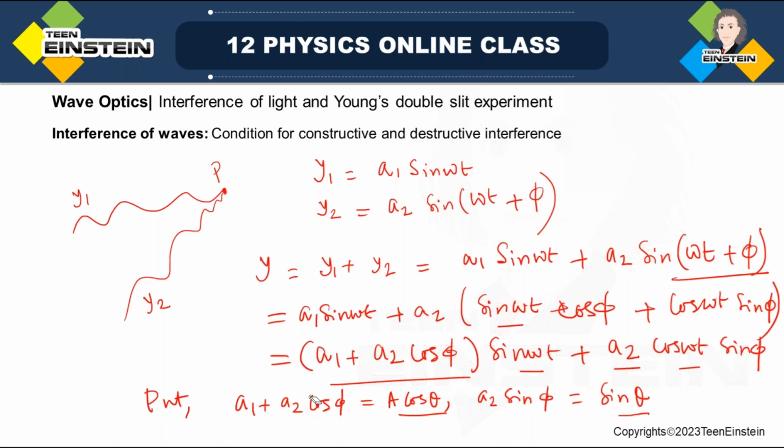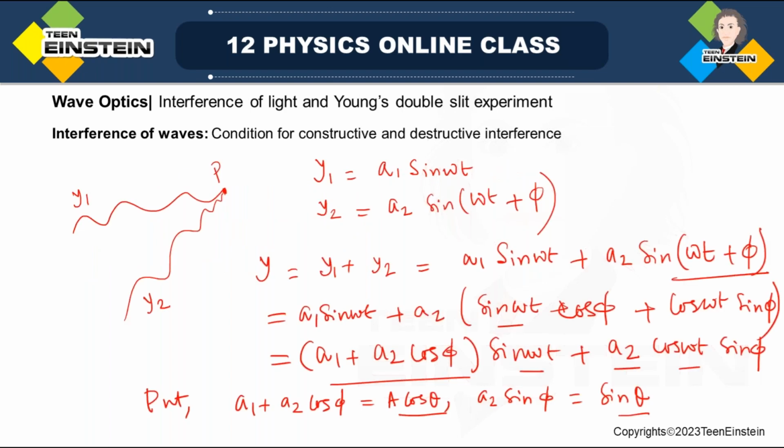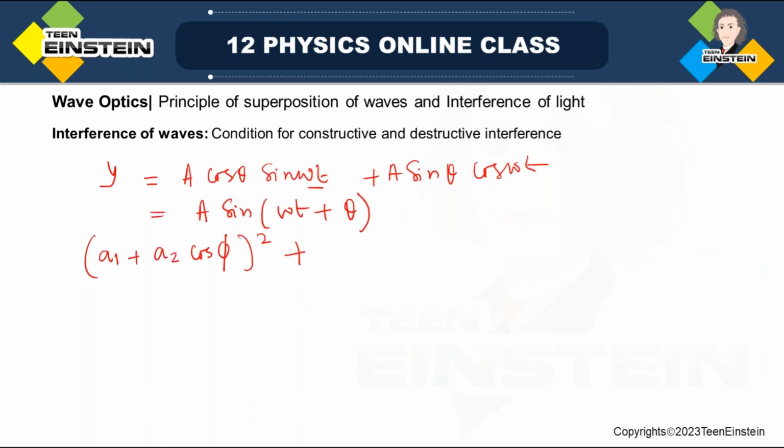Let me write it elaborately: (a1 plus a2 cos phi) whole squared, plus (a2 sin phi).